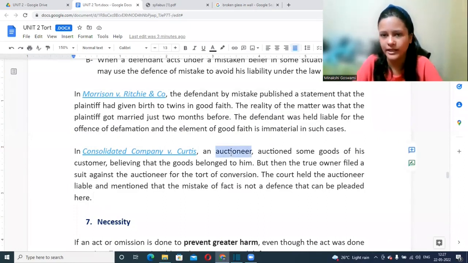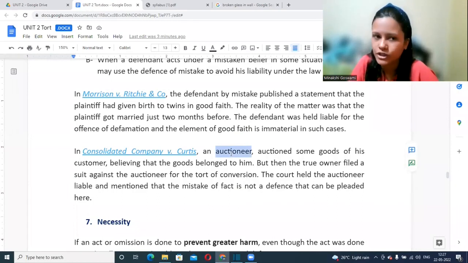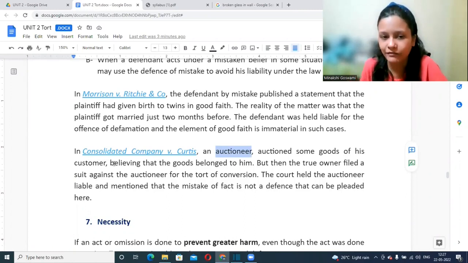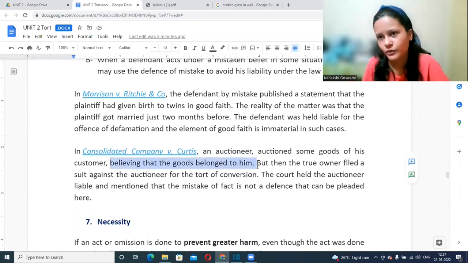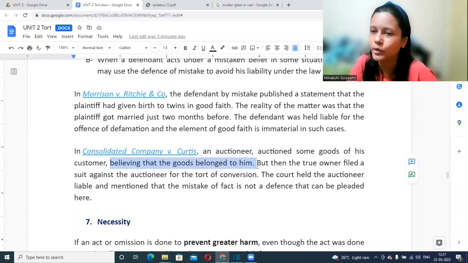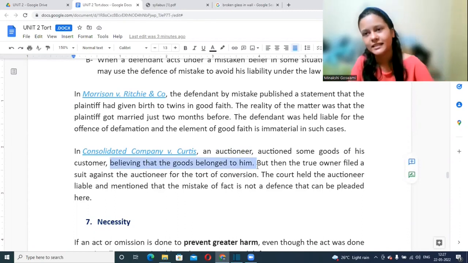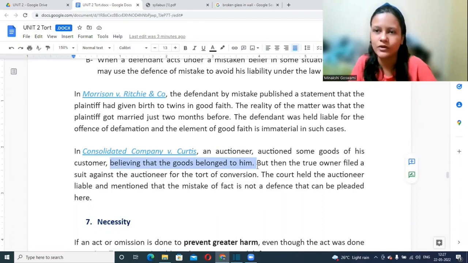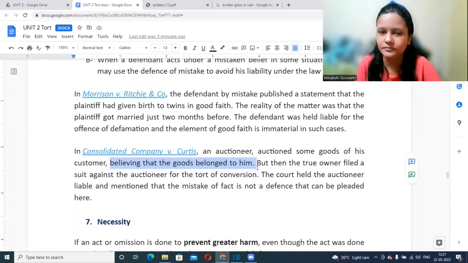There was an auctioneer and they auctioned some goods of his customers. Customers came and said, these are the goods I want to auction, so help me in that. The person also auctioned those goods, believing that the goods belonged to him. When goods were produced, the person simply believed that yes, because he is bringing it, it belongs to this person, and he sold it in the auction.